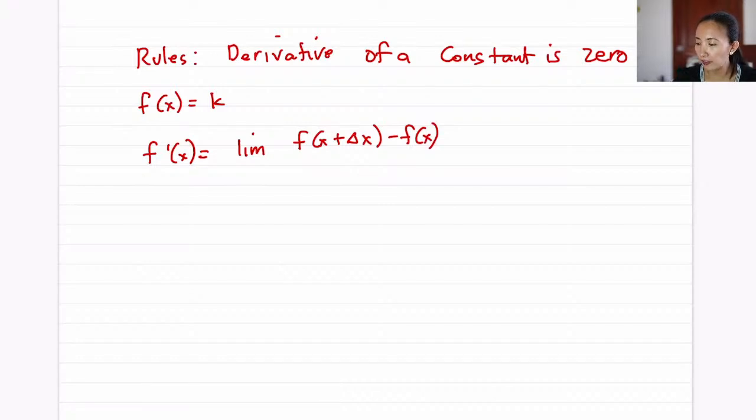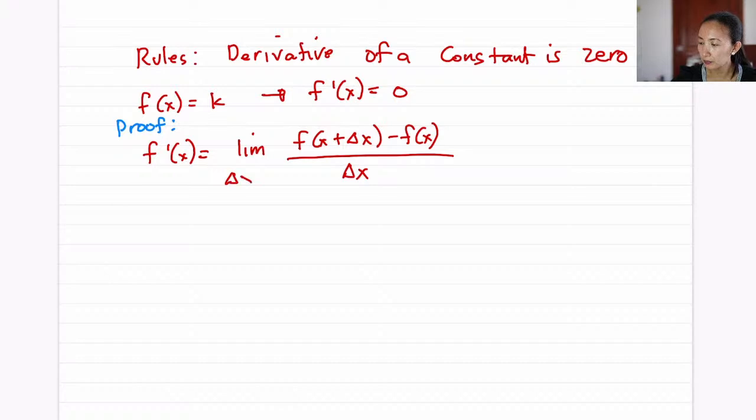That if f of x is equal to k, then f prime of x is equal to 0. Let's show the proof by using the definition. So, from the definition rather, as delta x approaches 0. Okay, so f prime of x is equal to, what is this?